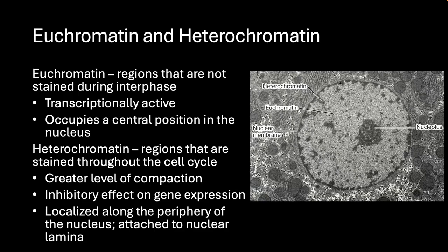Chromatin comes in two varieties in our cells: euchromatin, which is transcriptionally active and less compact, and heterochromatin, which is highly compacted and generally not transcriptionally active. Additionally, these occupy different regions of our nucleus, with euchromatin generally found in the central portion of the nucleus and heterochromatin generally found along the periphery.